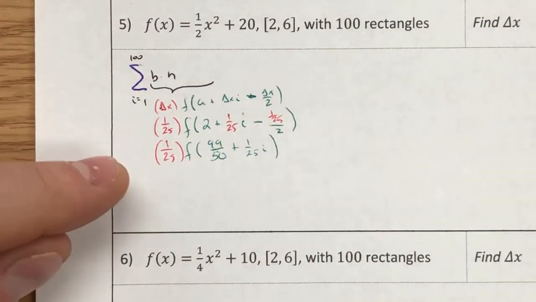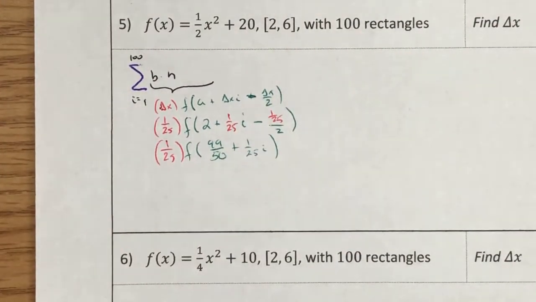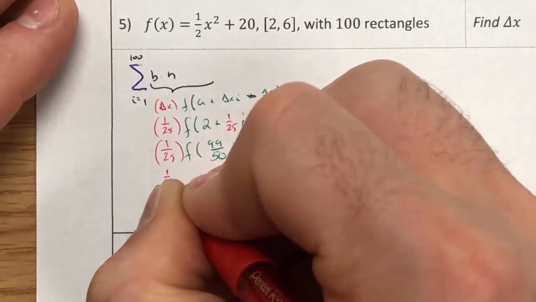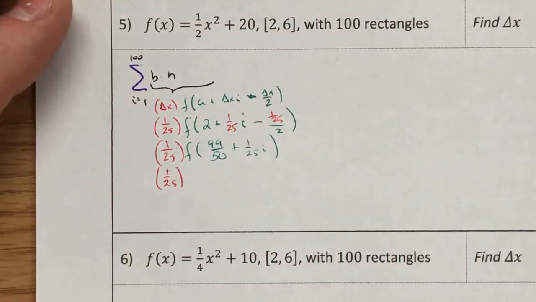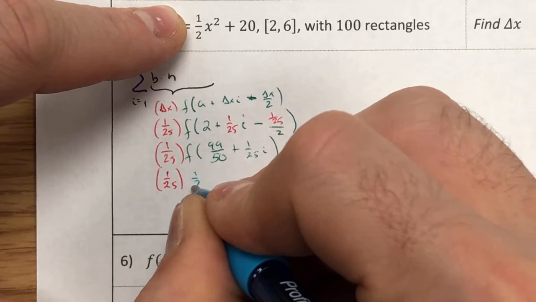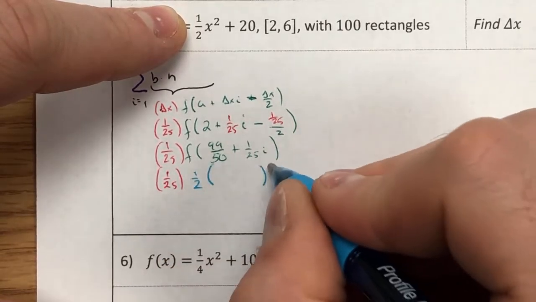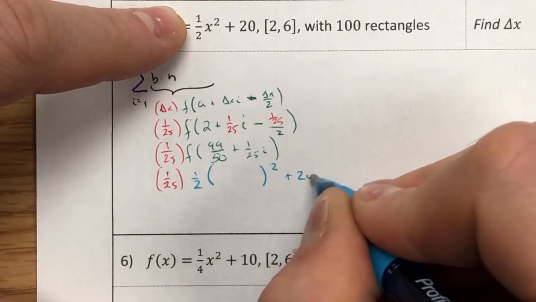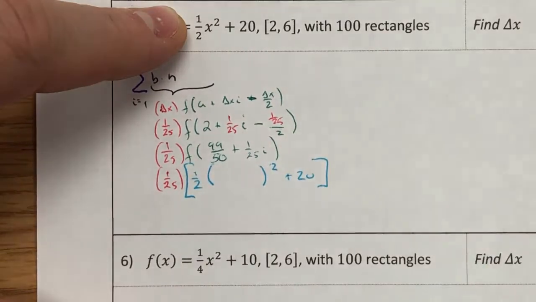Cool. This is going to be some gnarly fraction work here. So let's go ahead and plug that in. I got 1 over 25. And let's write out this function right here. I'm plugging in this value. So 1/2 of this squared plus 20. That's my height.